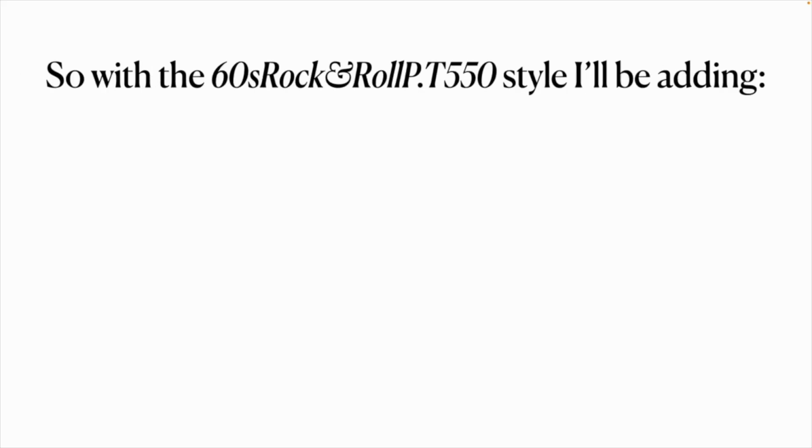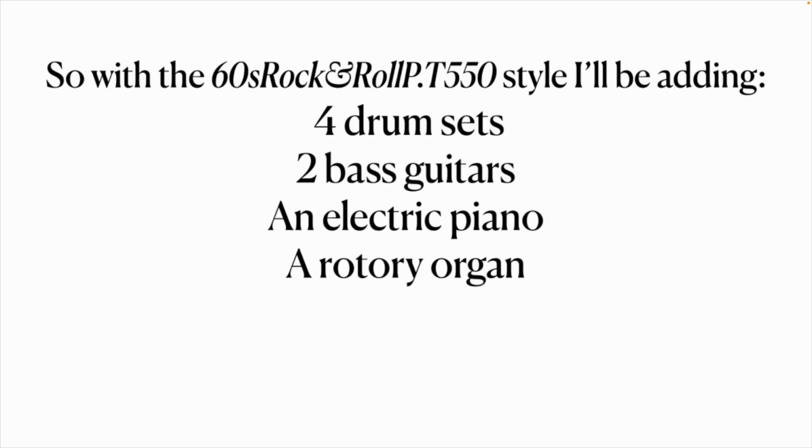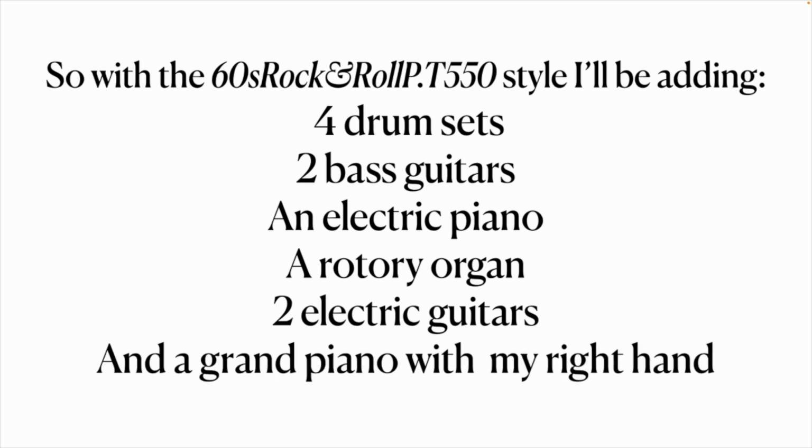Okay? So, with the 60s rock and roll P.T550 style, I will be adding in 4 drum sets, 2 bass guitars, an electric piano, a rotary organ, 2 electric guitars, and a grand piano with my right hand.